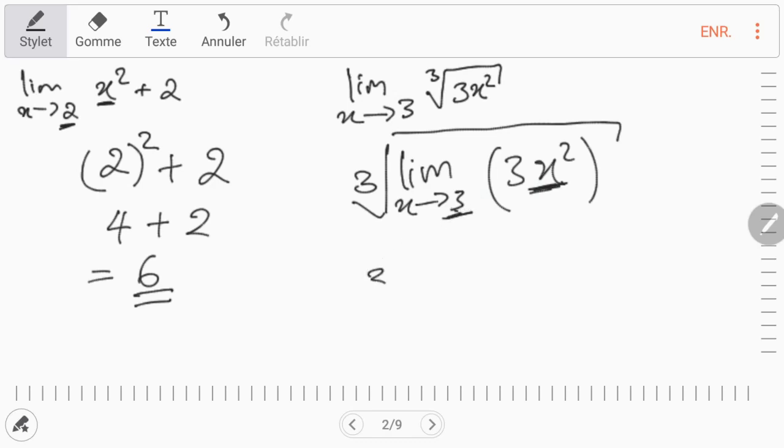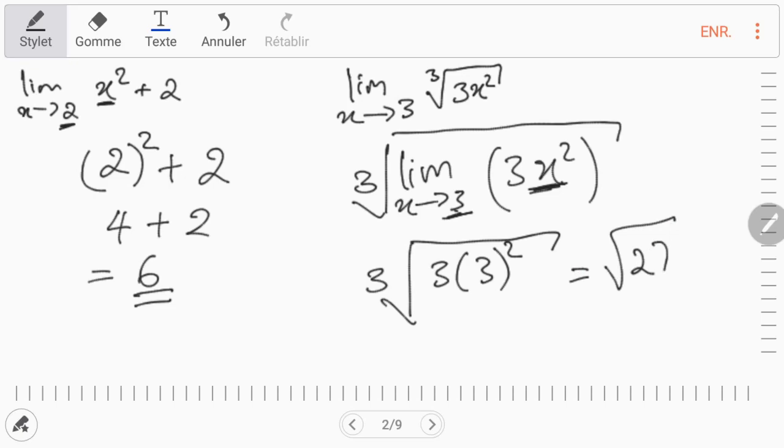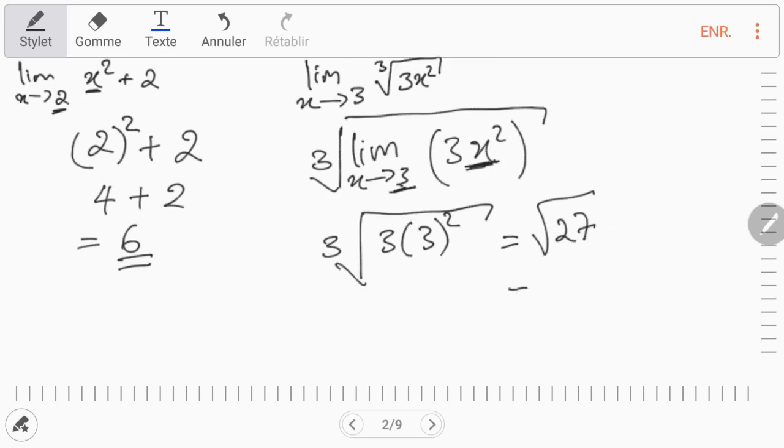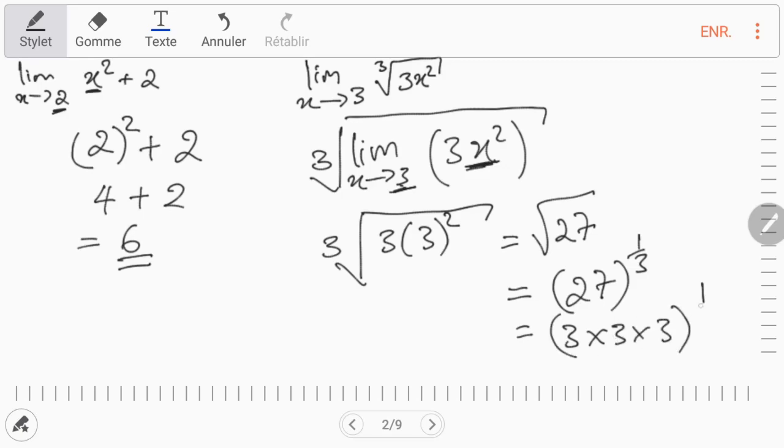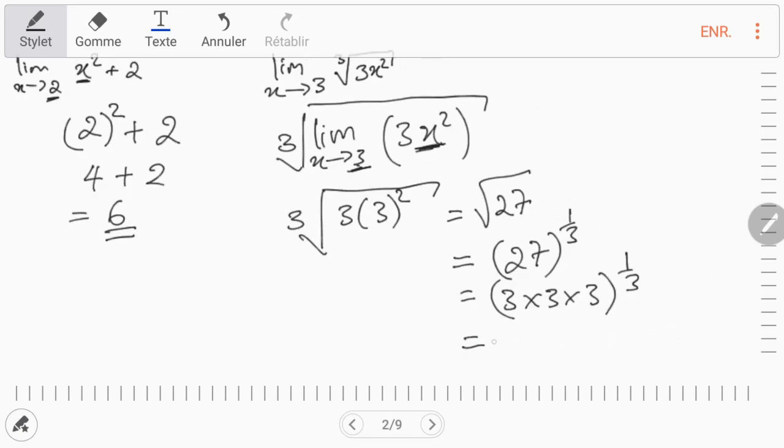You have the cube root of 3 times 3 squared, which is the same as the cube root of 27, which is 27 to the power 1/3, which is the same as 3 times 3 times 3 to the power 1/3, which is the same as 3 cubed to the power 1/3, equals 3.